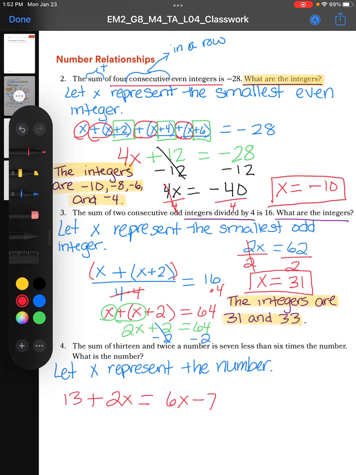So I'm not sure if you remember this from maybe 6th grade, right? When we see the word than, it's a reverse order number. So instead of writing 7 minus 6x, I'm reversing the order because of this word than. So I do have to write 6x minus 7.